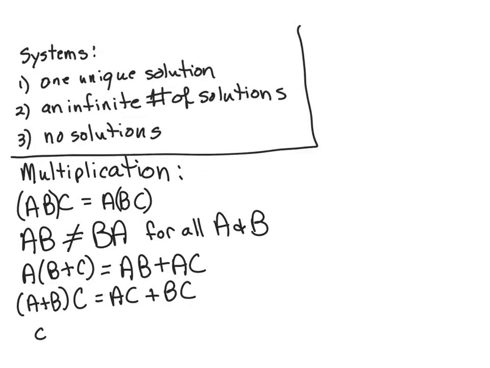If I have a scalar multiple of the product of two matrices, then I can either distribute the scalar through the A, then multiply the B, or I can say A times the scalar multiplied through the second one.